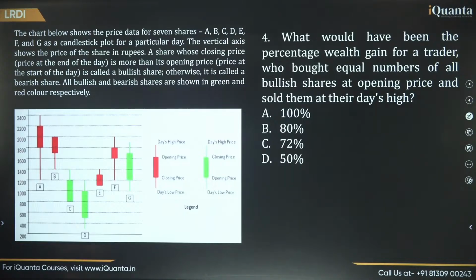What would have been the percentage wealth gain for a trader who bought equal numbers of all bullish shares at opening price and sold them at their day's high? All bullish. Bullish are in green.